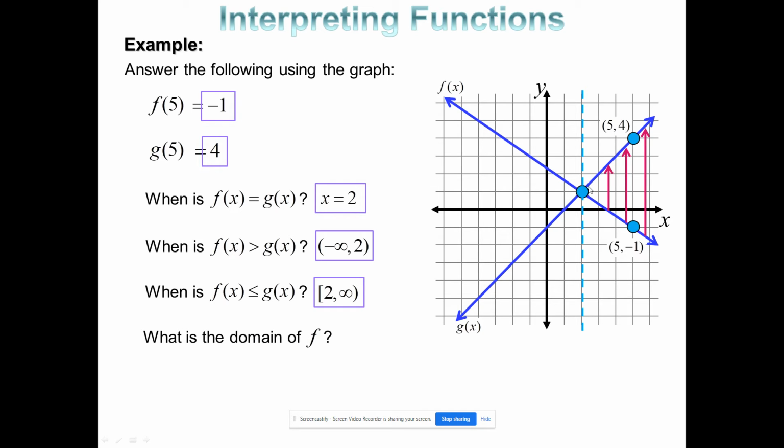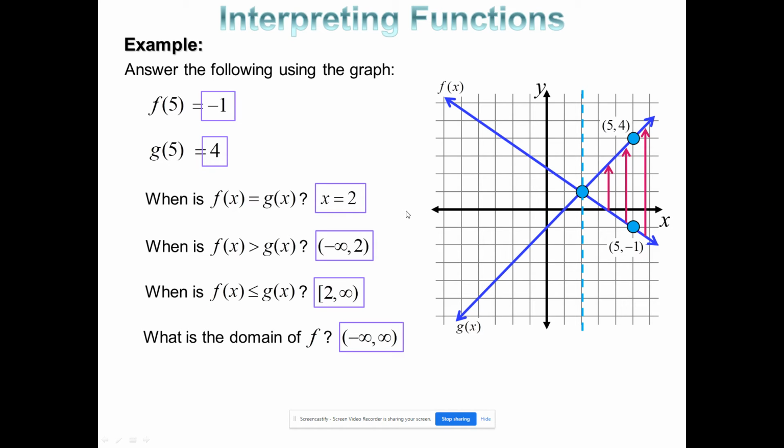What is the domain of f? So like how wide is f? Well, it stretches to the left forever, and it stretches to the right forever. So that is all real numbers. And we'll use interval notation, negative infinity to infinity, because it starts from negative infinity and goes all the way to infinity.